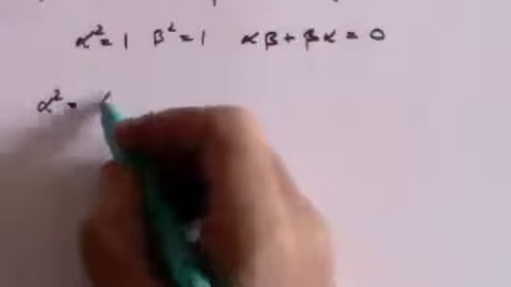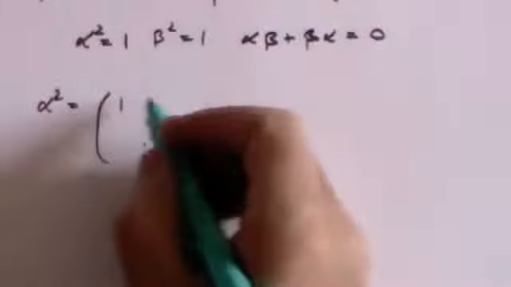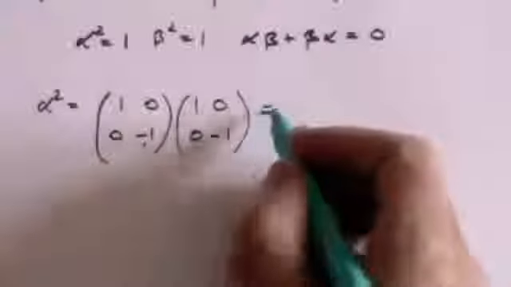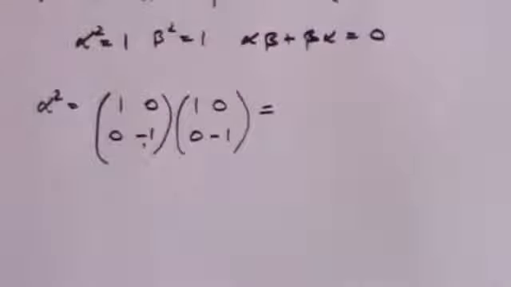Well, now you have to do some mathematics to get that solution, and I'll tell you the answer. We already know what alpha is. Alpha squared will be, well, alpha, you'll remember, was [1, 0; 0, -1]. And so we better check that that does indeed produce the answer 1, or in matrix terms, of course, 1 is the identity operator, which is the matrix equivalent of 1.